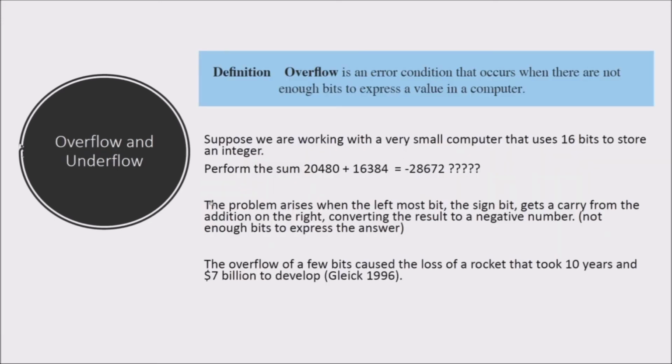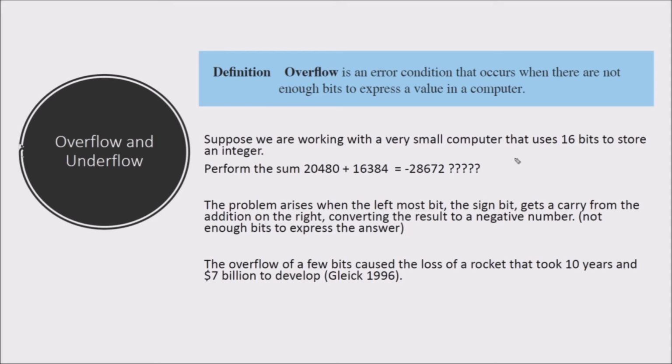Then overflow and underflow. What is overflow? Well, I have this number right here, and suppose that you have a very small computer. In this case, I have a 16-bit machine to store an integer value. What is the maximum number? As I said before, that's why I picked 16-bit.